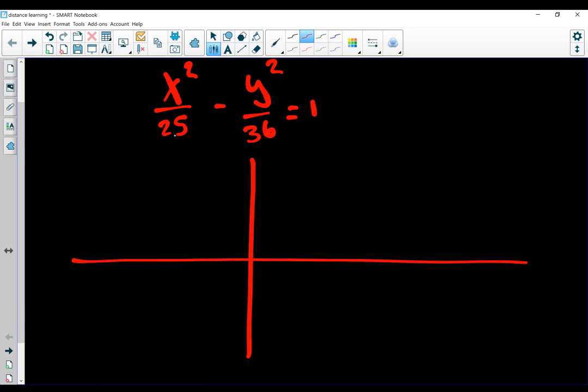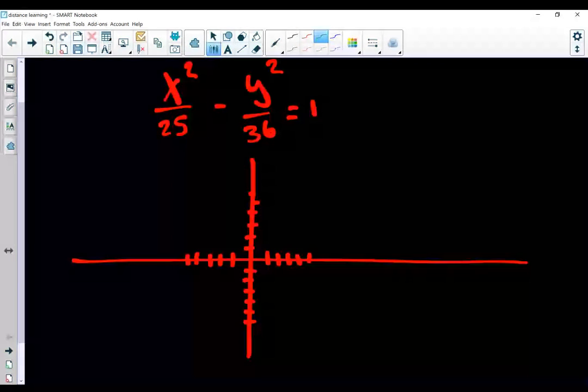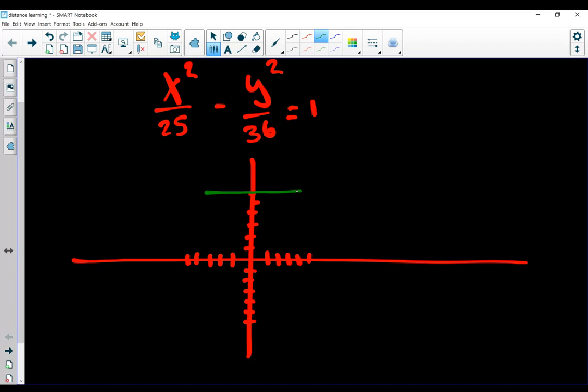I work my way on the x-axis, left 5 and right 5, up 6, down 6. Now I make a box through those points.